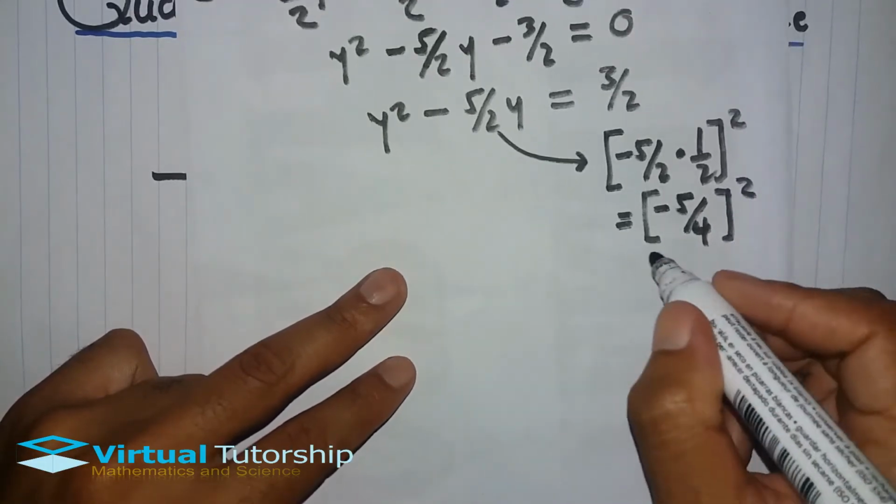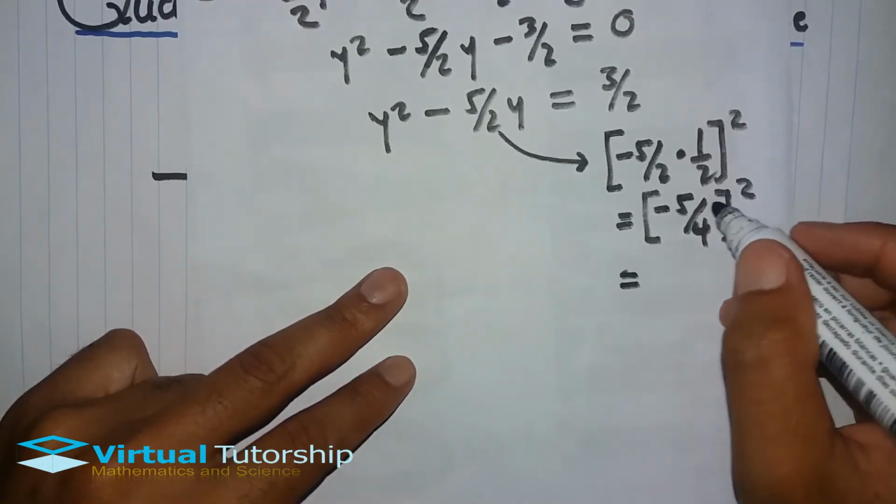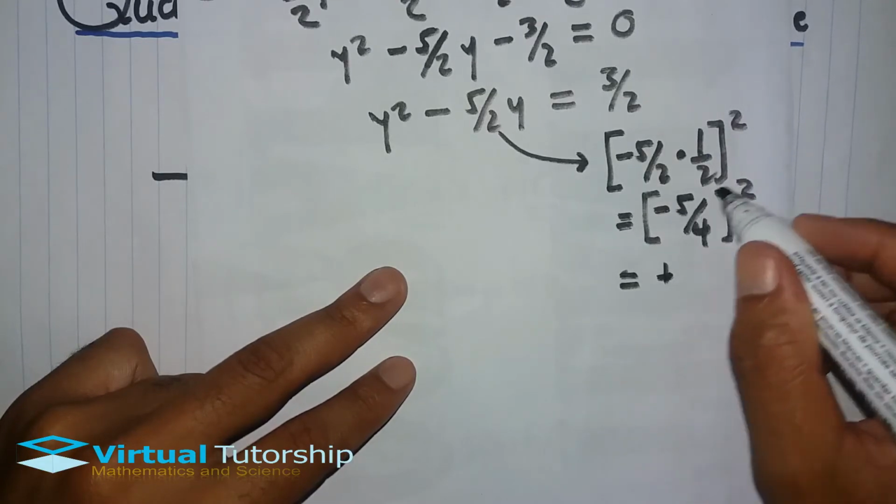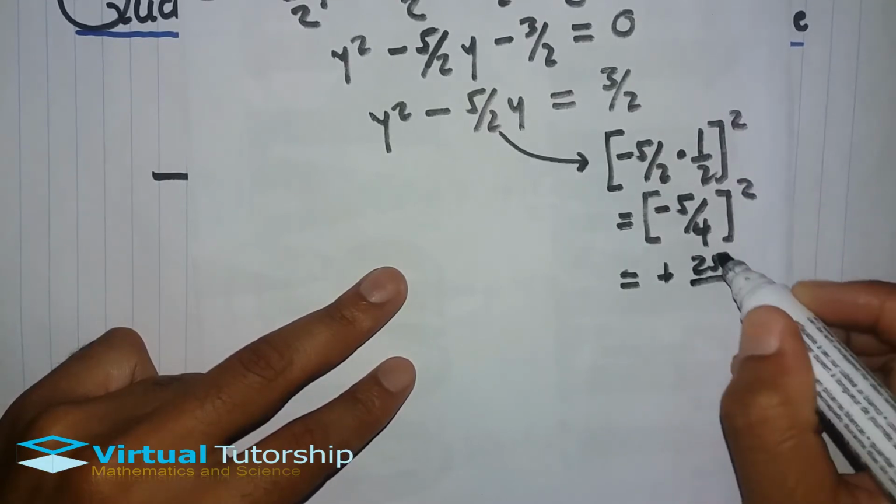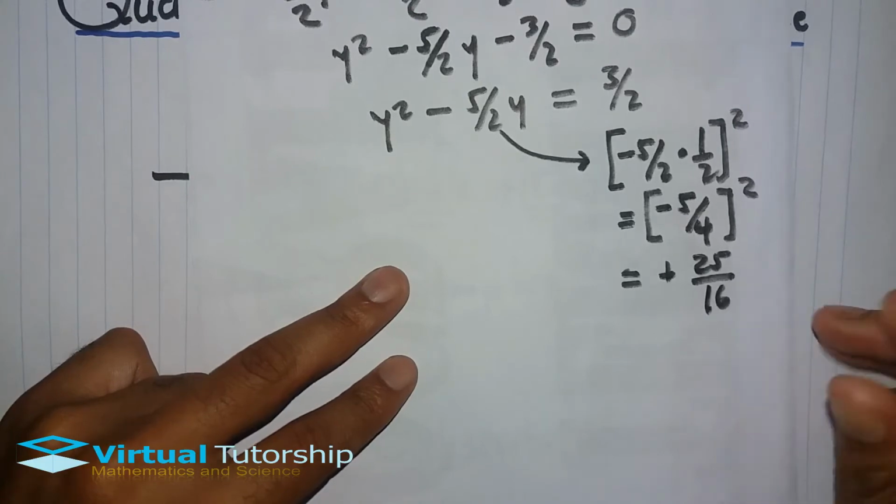All squared is equal to plus 5 squared, which is 25 over 4 squared, which is 16.